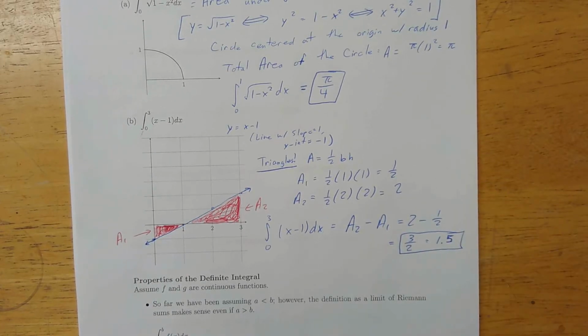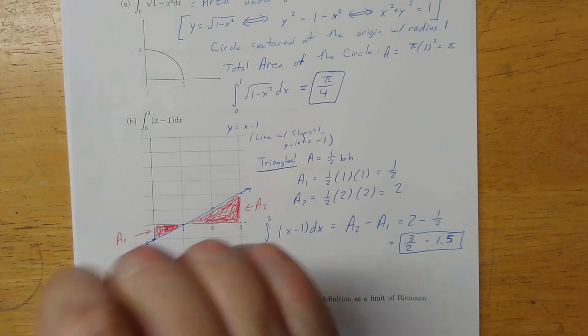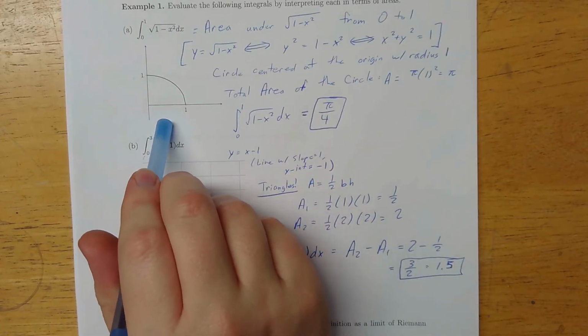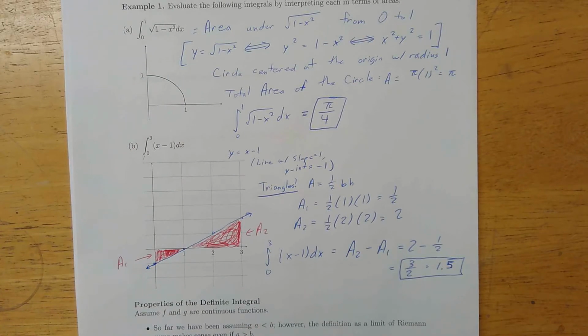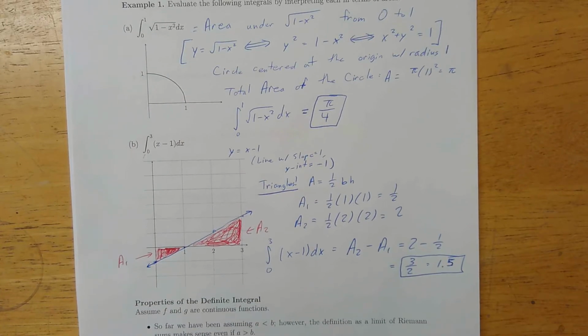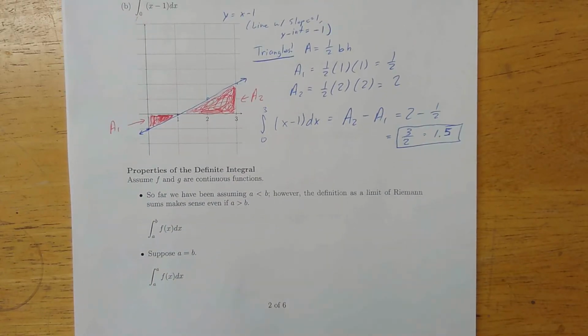Okay, so we can't go ahead and find each of these little individual areas each time, or be expected to remember that this is the formula for a circle and figure that out at the drop of a hat. That's not exactly something that's realistic. So let's look at a couple of properties for the definite integral before we get into how exactly we're going to be able to use it in a very intuitive way.